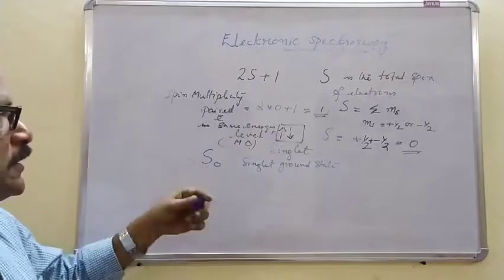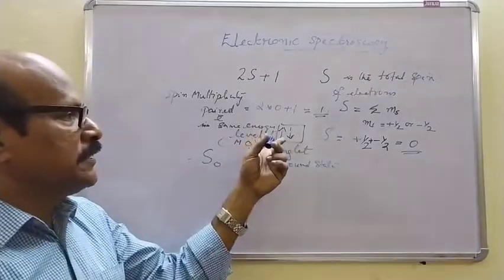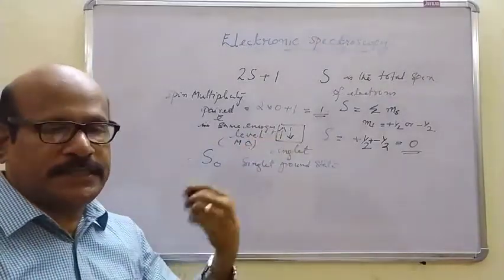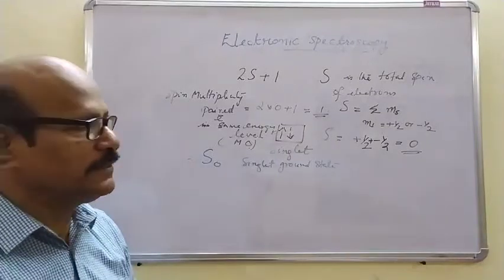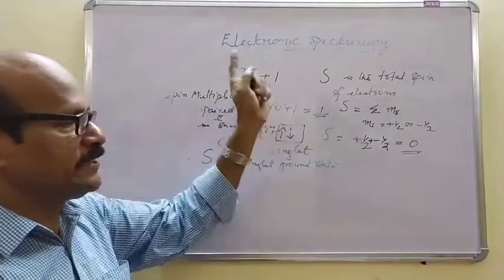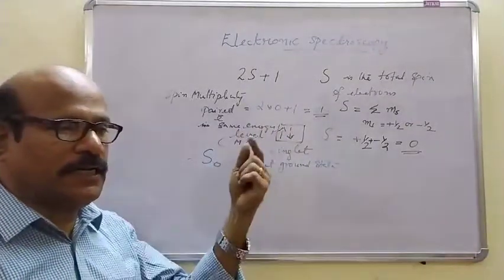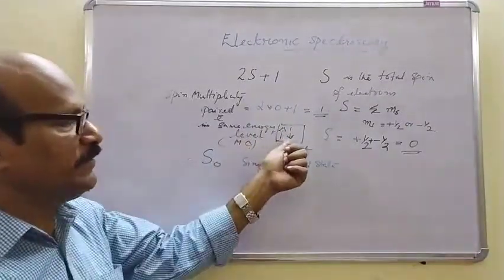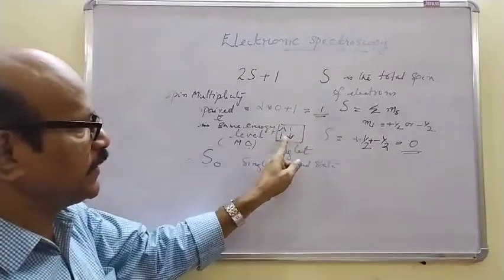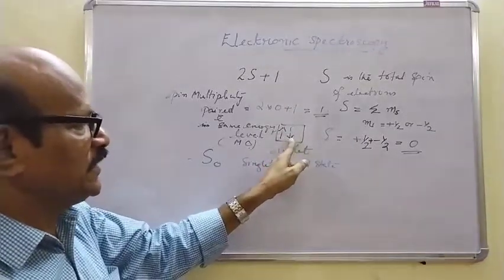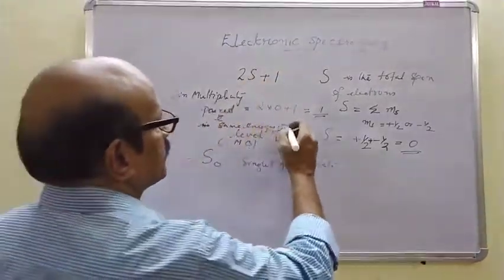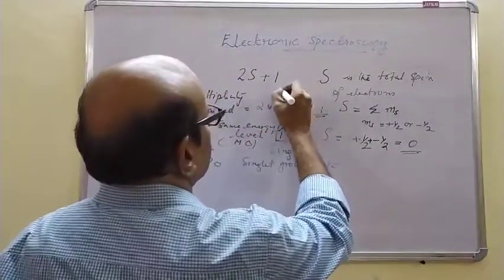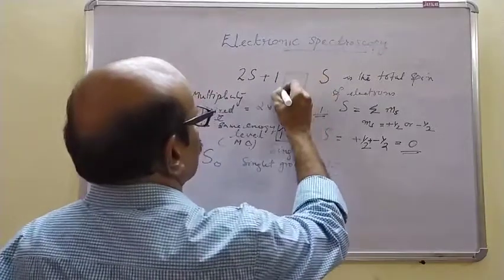Suppose one of the electrons gets excited by suitable excitation with UV and visible radiation. This one electron may get excited to a higher electronic level while preserving the spin as such. This one is parallel, this one is anti-parallel. On excitation, it is excited while retaining the same spin, like this.